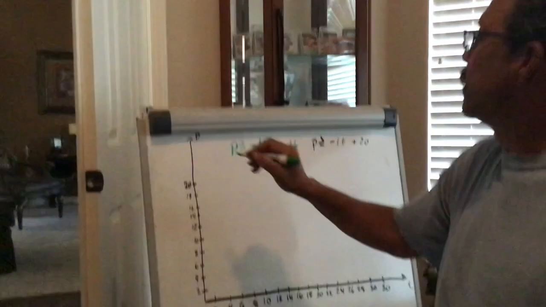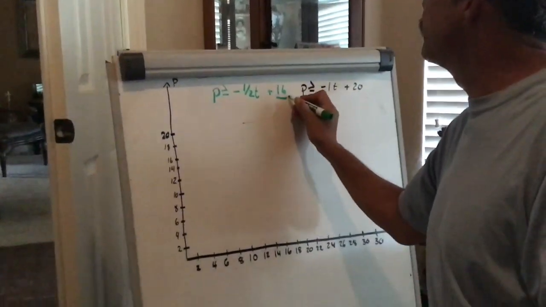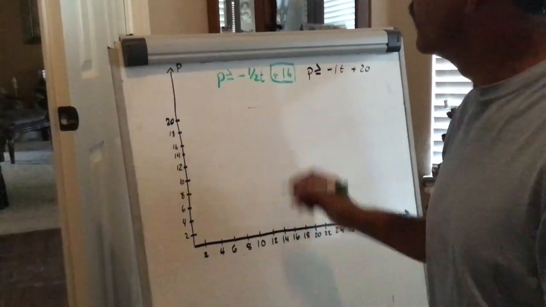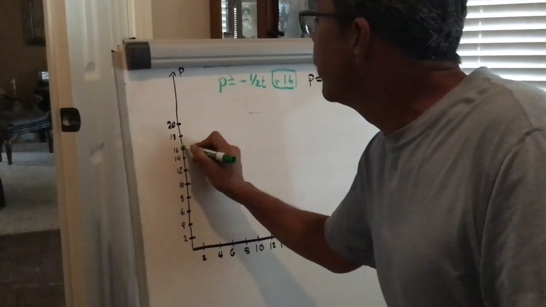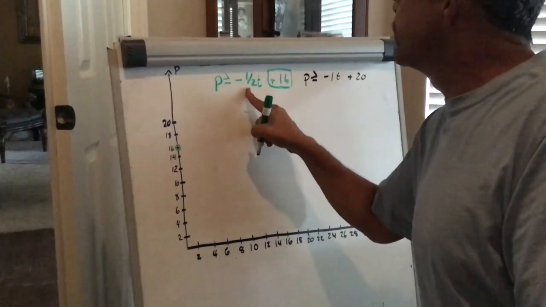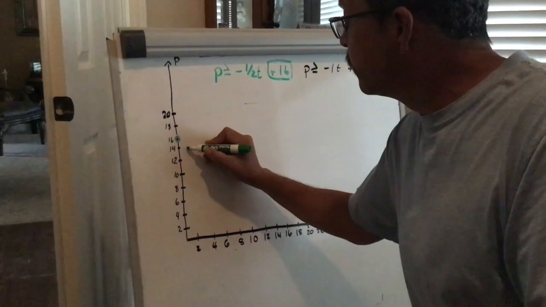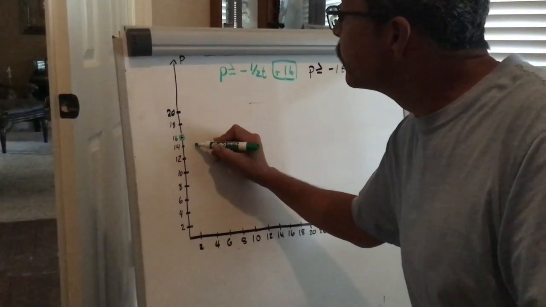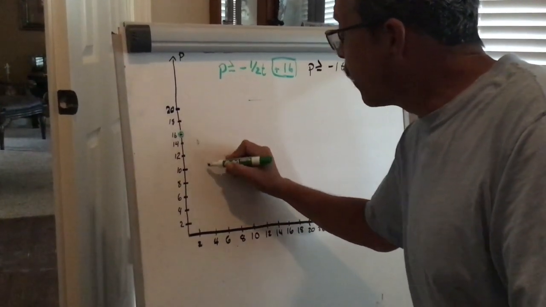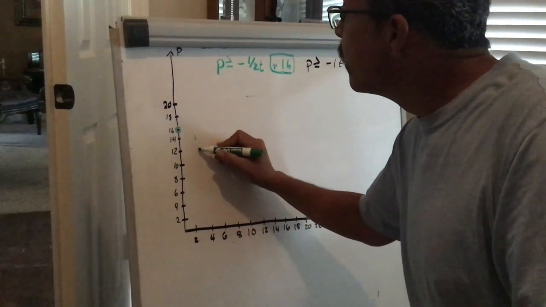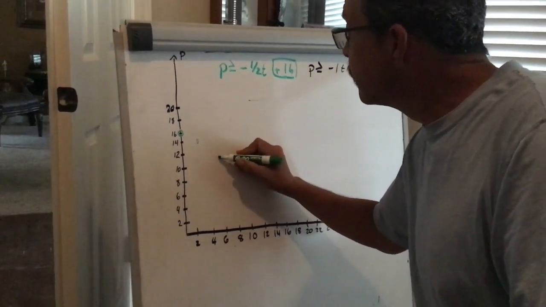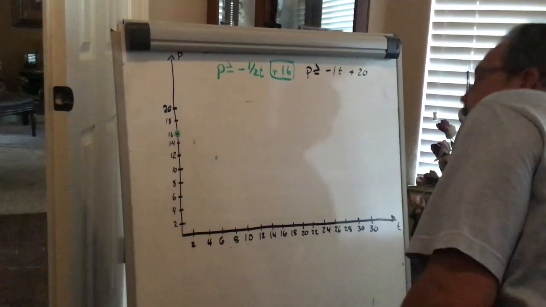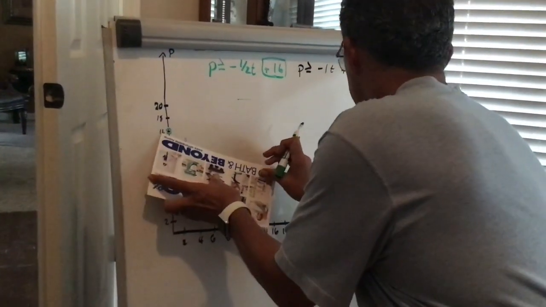To graph this inequality, I'm going to start by plotting my b. That's my y-intercept, right here at 16. Now my slope says go down 1 over 2. Down 1 over 2. And basically, it's going to make a line.